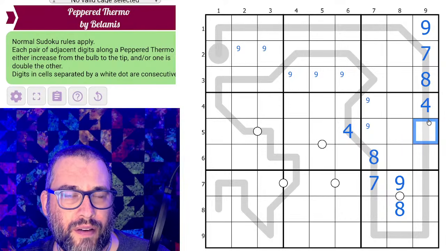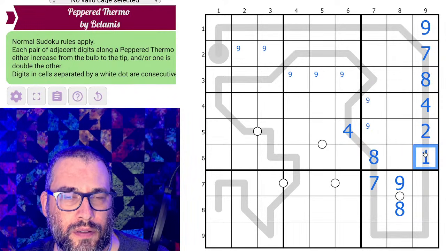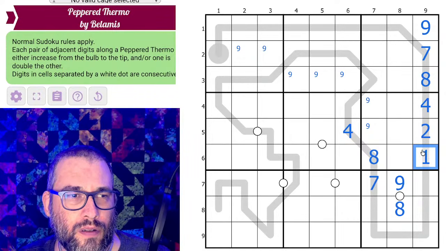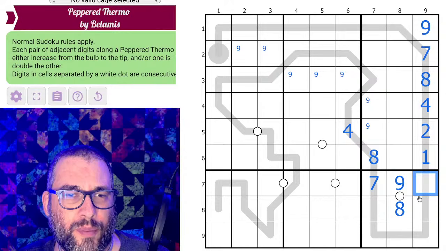In order to have a 1... Yeah. Hey there, Mehdi. And then we have to have a 1 in this box. So this is minimum 3.